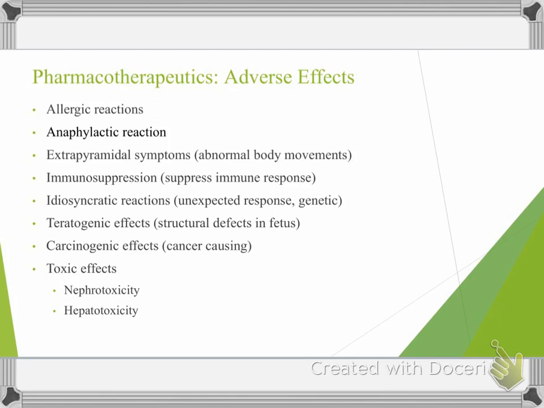So in that first trimester is when they're most vulnerable to teratogenic effects. Carcinogenic effects, that means it can cause cancer. Toxic effects, these are adverse effects that are severe, can be life-threatening, usually from too high a dose of medication. Nephrotoxicity, this is damage to the kidney. Hepatotoxicity, this is damage to the liver.